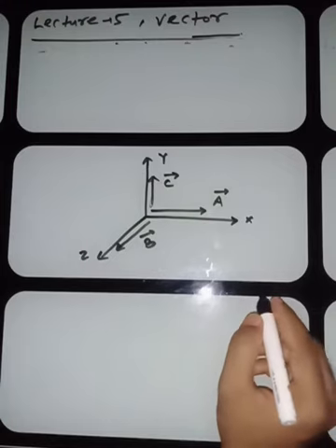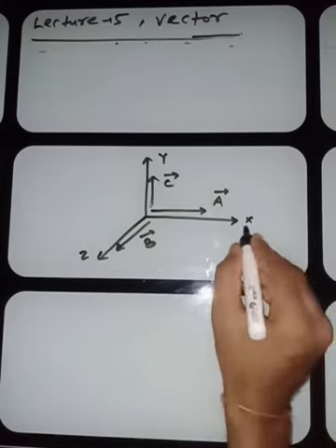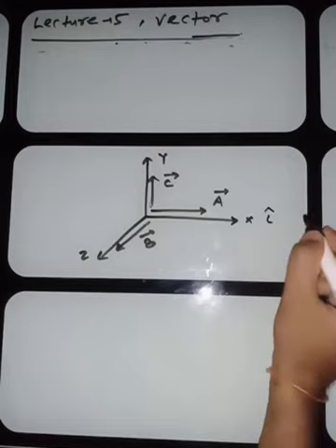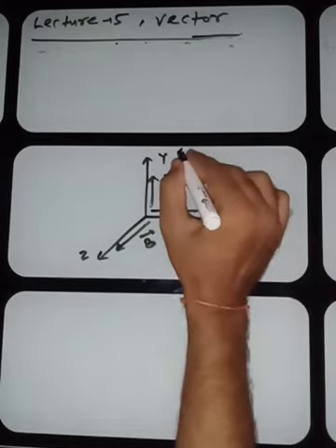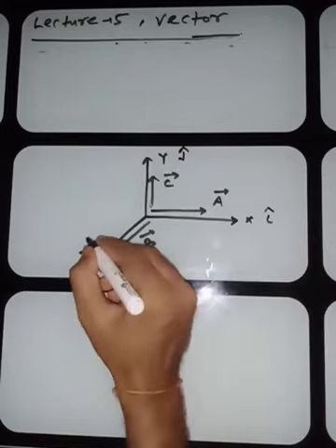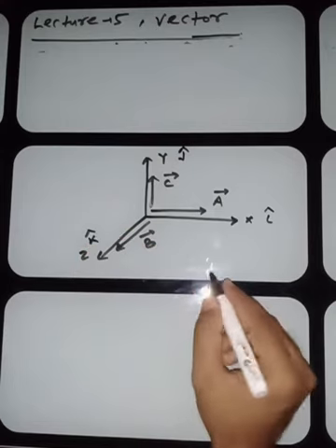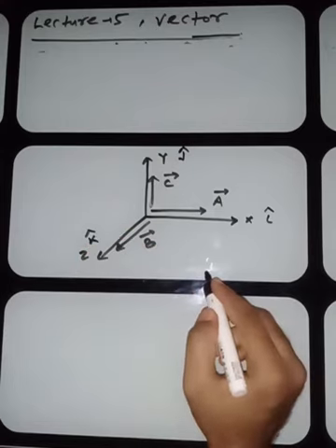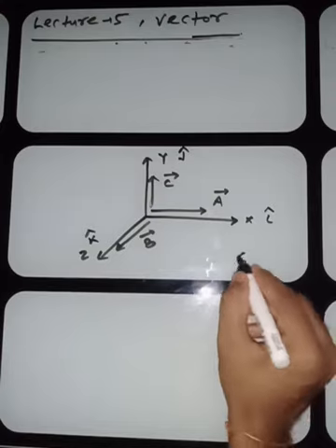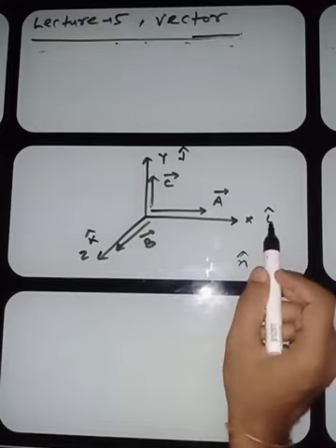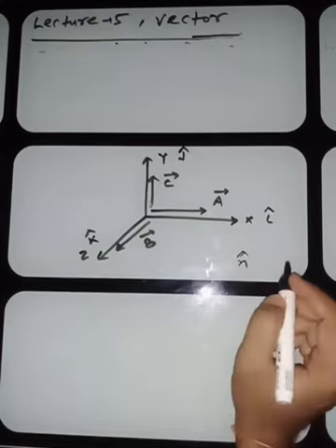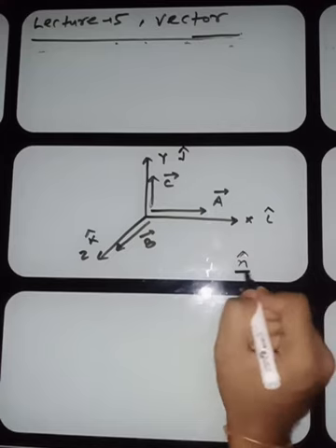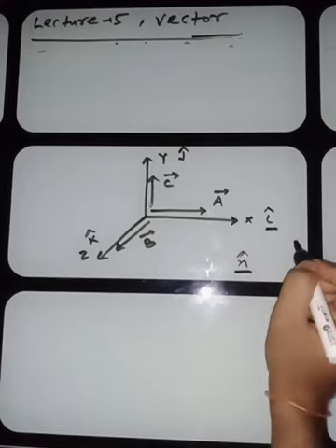Remember, along the x-axis the unit vector is i cap, along the y-axis the unit vector is j cap, along the z-axis the unit vector is k cap. Instead of the unit vector n cap, you can use these unit vectors i, j, k also, because these are also unit vectors.